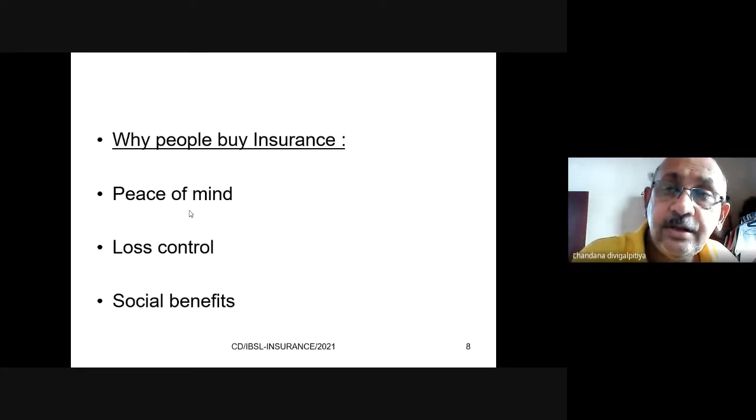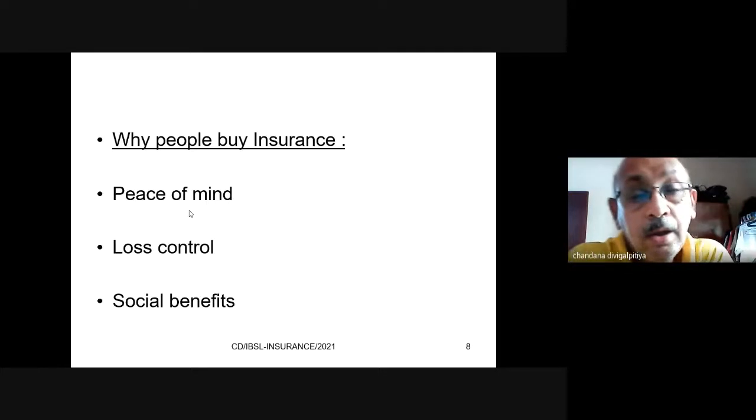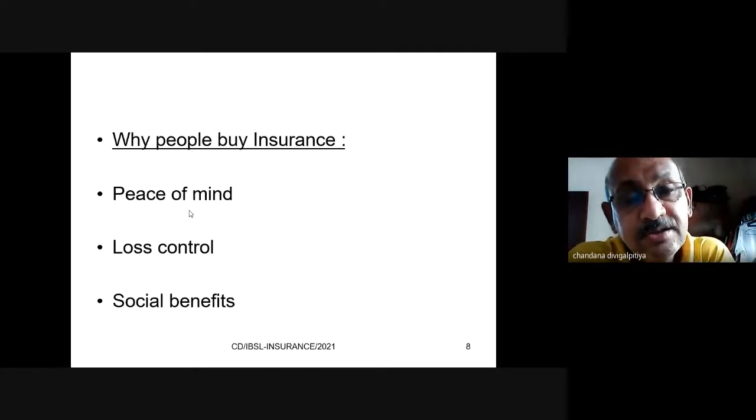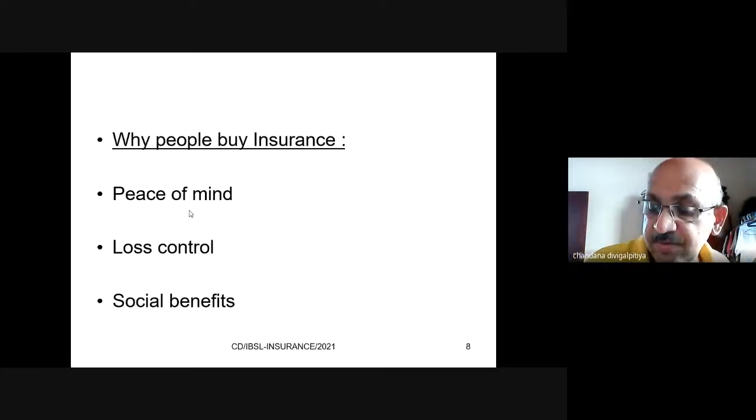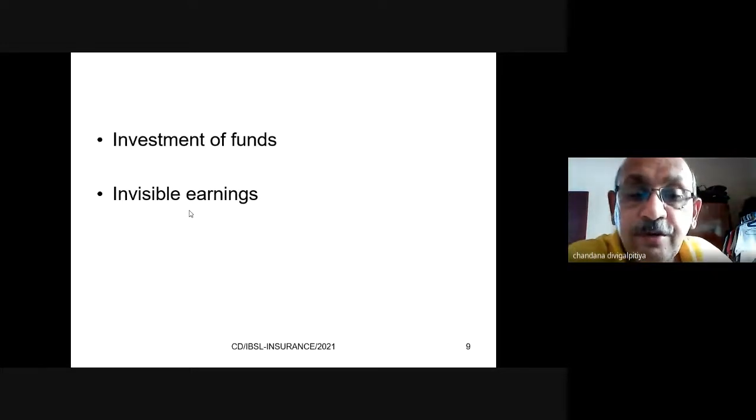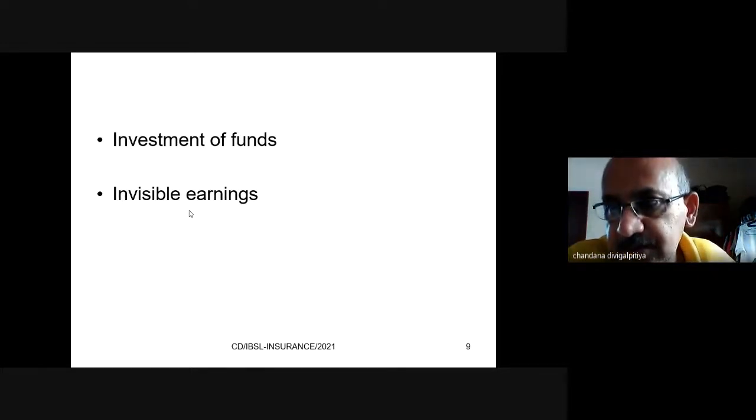Right, so these are the main reasons why people buy insurance: peace of mind, loss control, social benefits, investment of funds, invisible earnings.